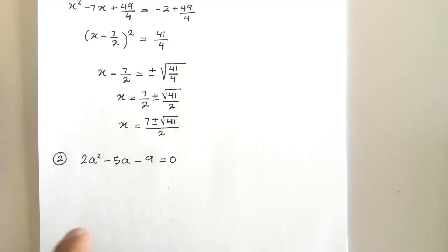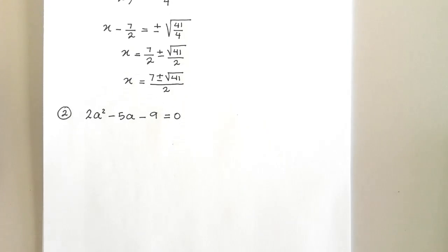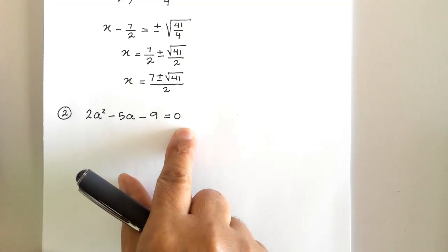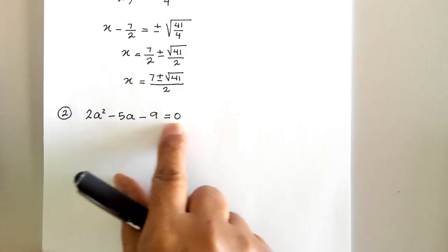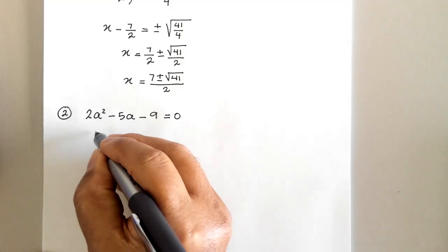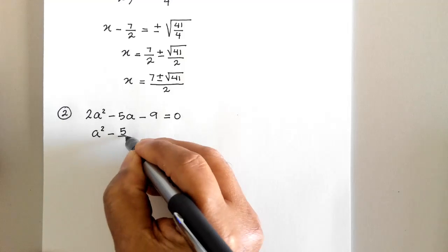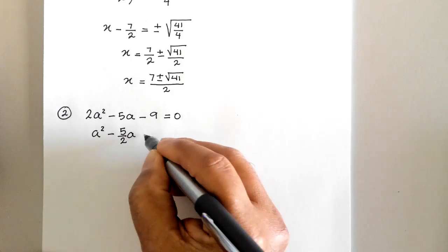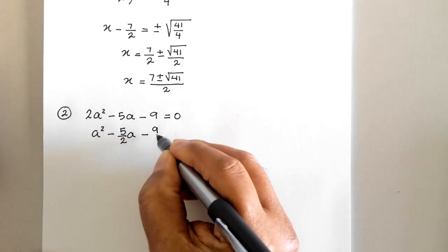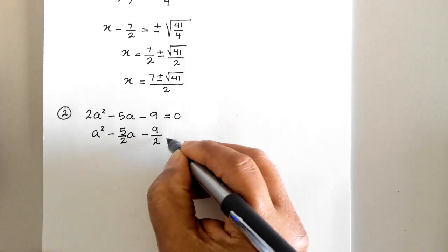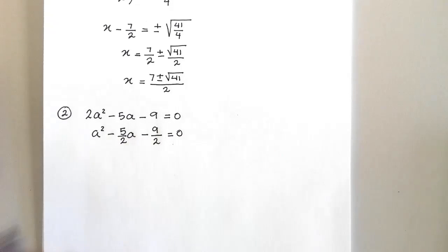So the first thing that we have to do in this case is divide everything by 2. We're going to divide through by 2, so then we're going to have a squared minus 5 on 2a, and then minus 9 over 2 equal 0.